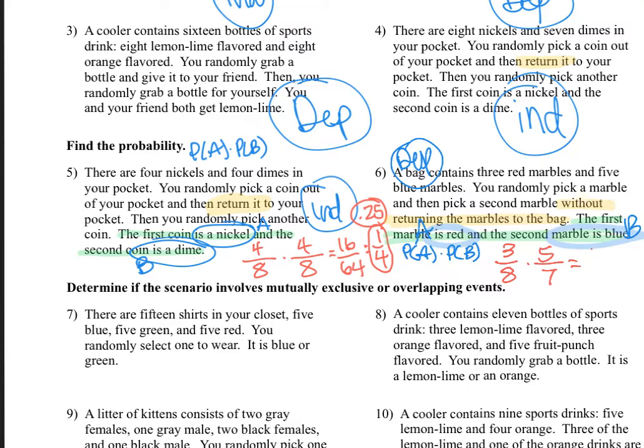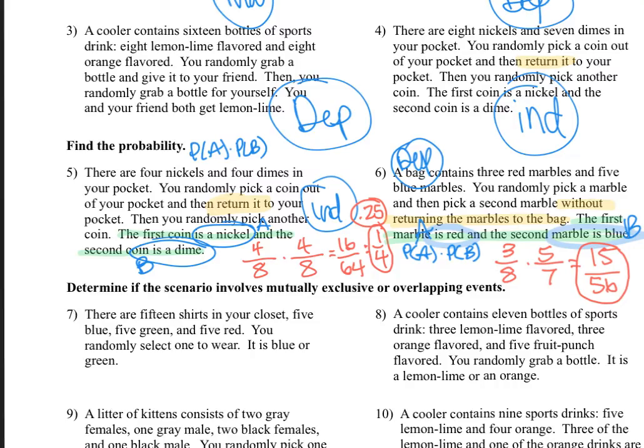So 3 times 5 is 15. 8 times 7 is 56. Let's see what we can take out, if we can reduce that fraction anymore. I think we might have to leave it, okay? So this would be your probability.